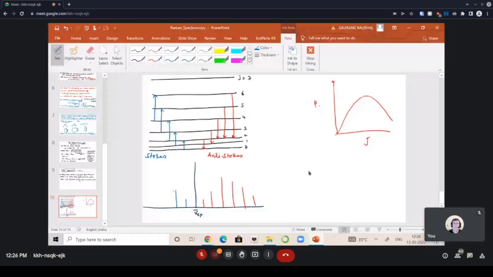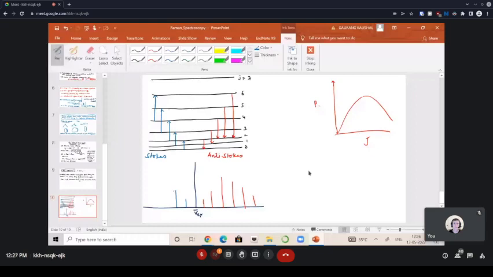These are the Stokes lines, and these are the anti-Stokes lines.